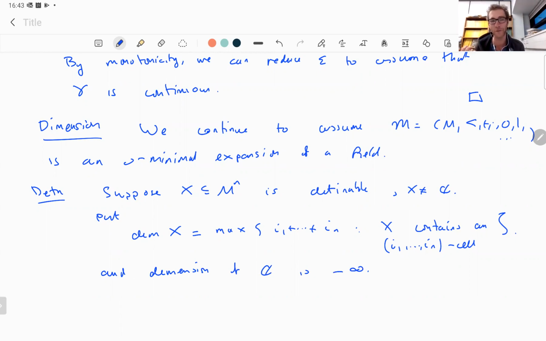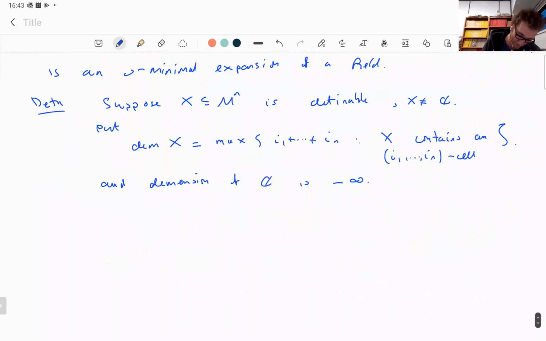So this is like an ad hoc definition of dimension, but we're going to prove that it has lots of nice properties, so it's the right definition. I mean, it agrees with any reasonable definition of dimension. So to do that, we need a lemma.